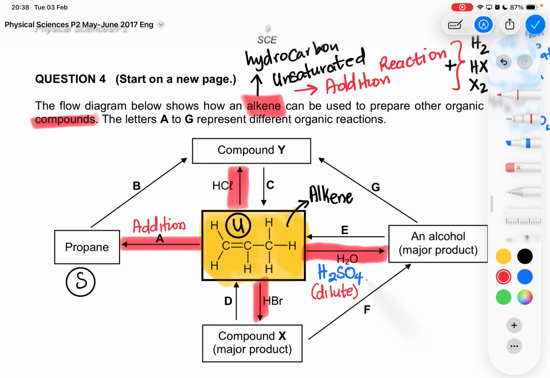So I mentioned this is also addition. So also this one, it's addition, as I've mentioned. It's addition. And this one is also another addition.